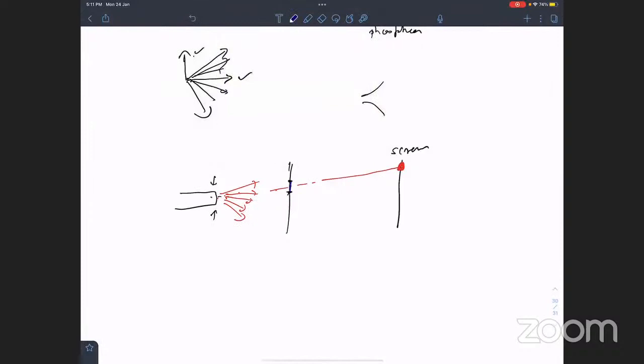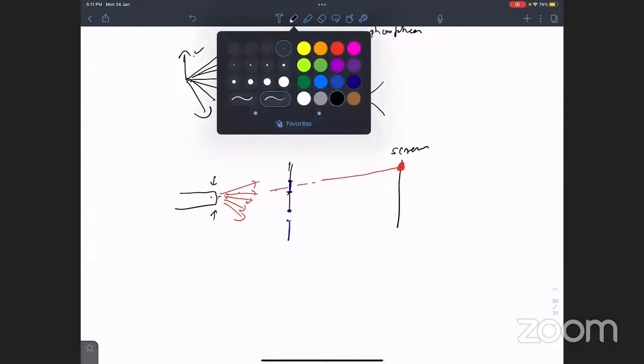Next, imagine this is a door, a trap door like this. My screen has another trap door. I'm going to open the second trap door, the lower one. So now what will happen? Now I'll draw the screen again.